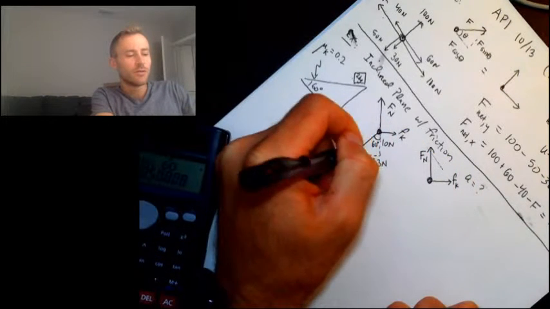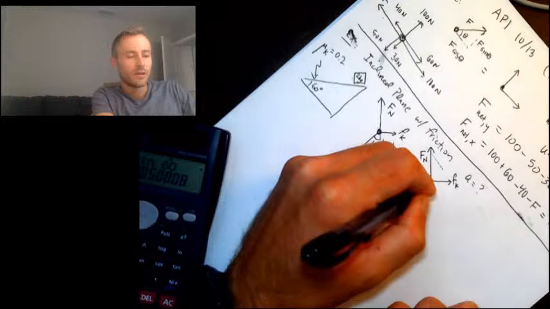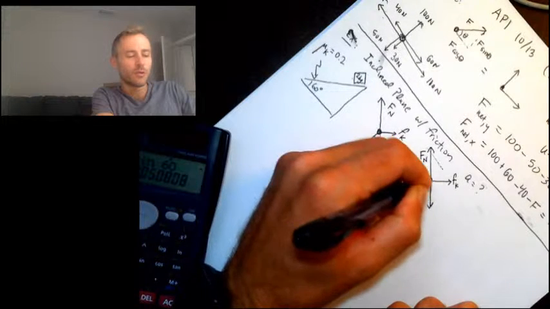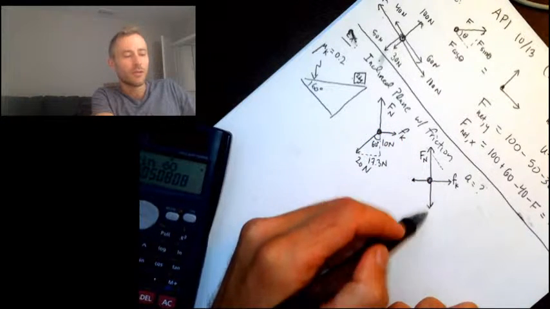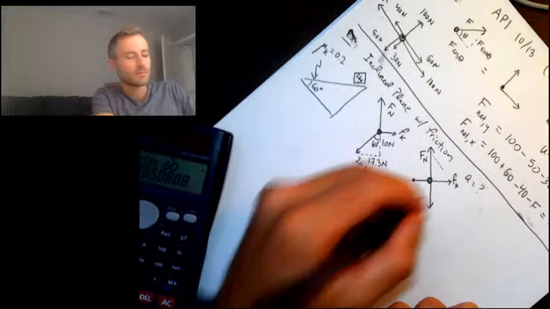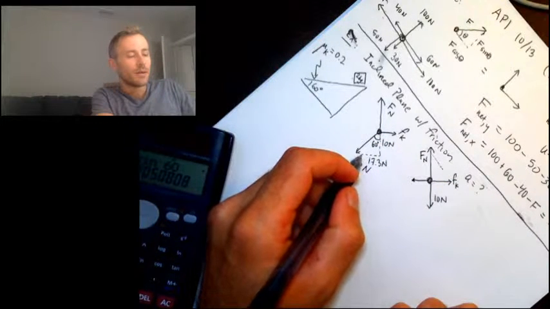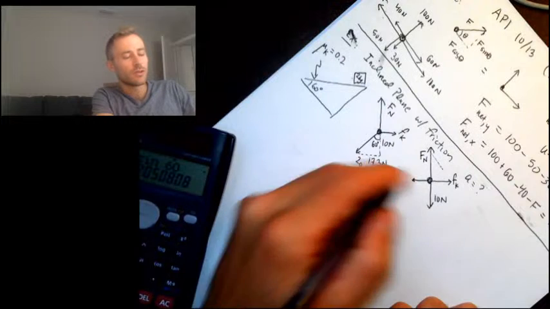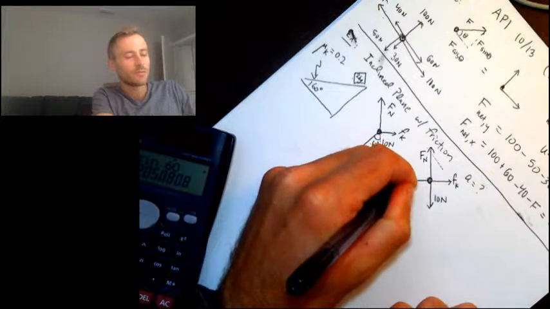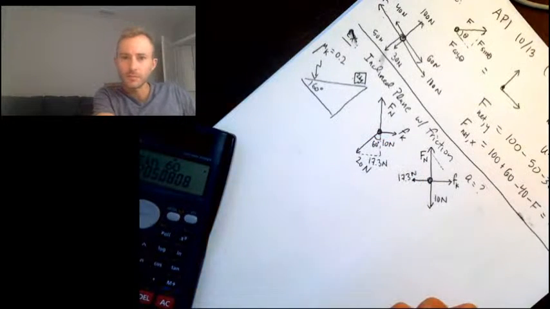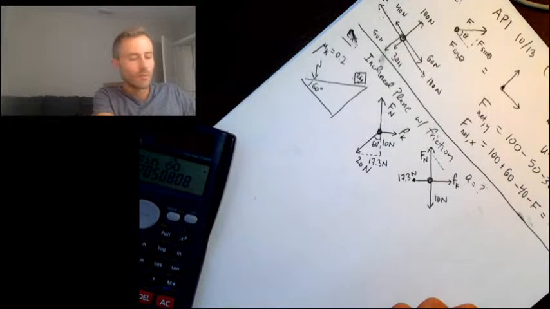The diagonal gravity force is now going to be two forces, where this force is 10 newtons, okay, and this force is 17.3 newtons. All right?